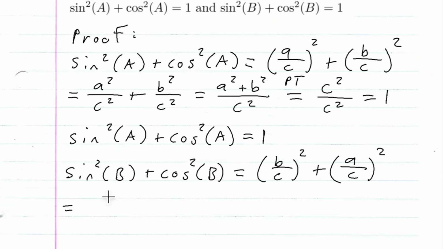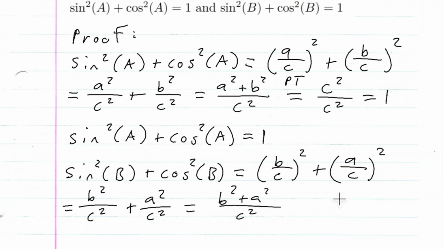This is equal to B squared over C squared plus A squared over C squared. We have a common denominator, so this is B squared plus A squared over C squared.